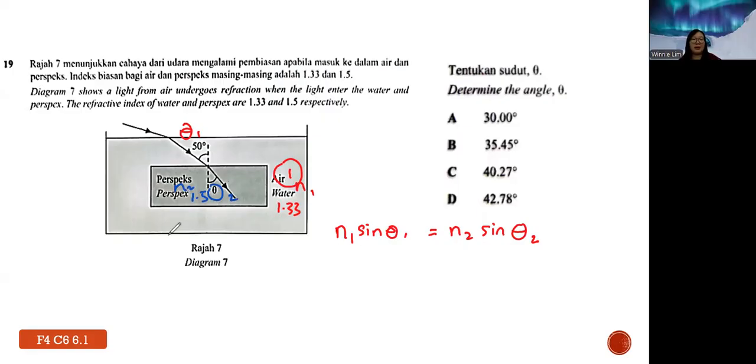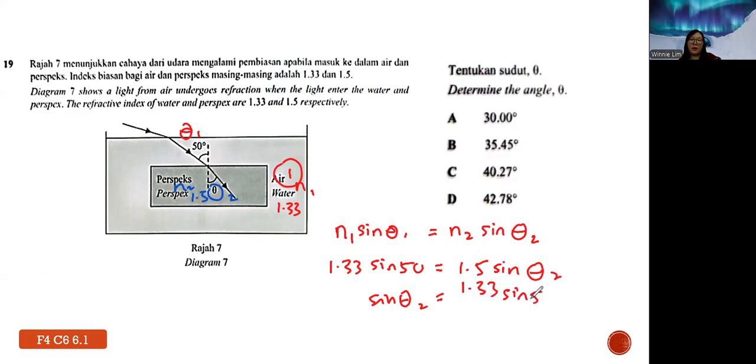So let's substitute the values. n1 is 1.33, and sine 50 equals n2, 1.5, sine theta 2. Then sine theta 2 equals 1.33 sine 50 divided by 1.5. Then finally, we want theta 2, so you press calculator, shift sine.